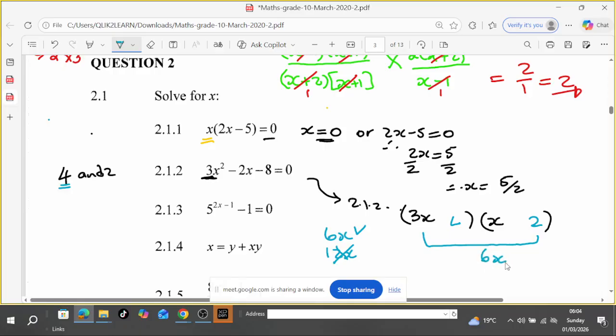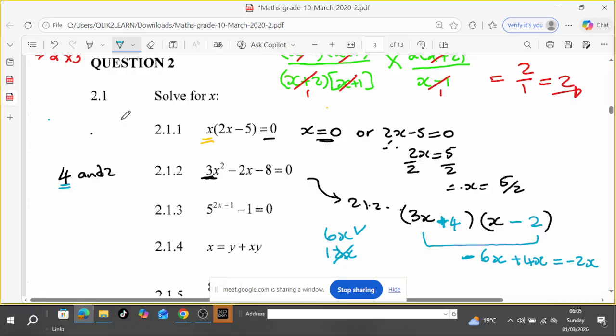Now if this is 6x and you are looking for minus 2, this tells you that this 6x should be negative, so that if the 6x is negative, we can add the 4x to get negative 2x. So we put this as minus 6x, then we add the 4x. I'm not sure if you understand the method that I used to factorize this.